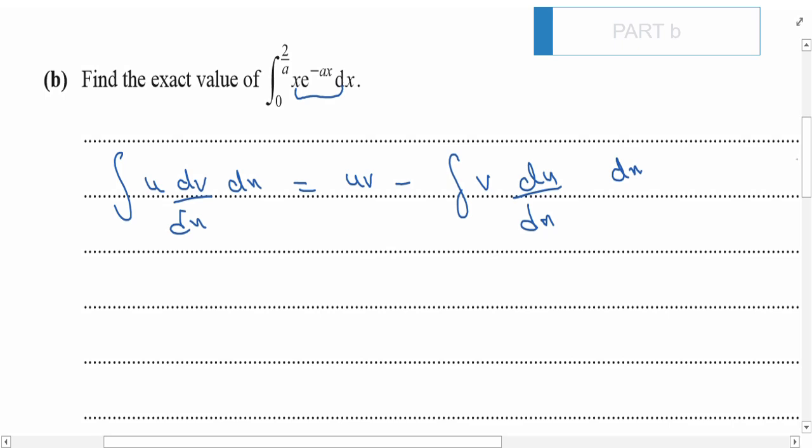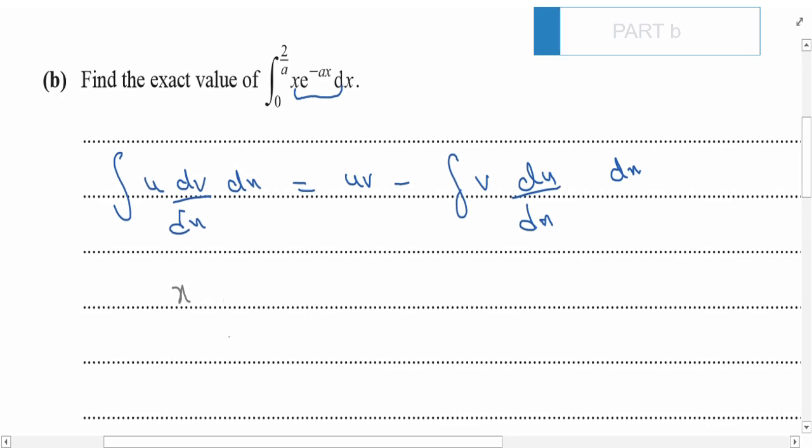Now if you look at the formula, we have two things in the product, x and e to the power of minus ax, and we have u and dv by dx.